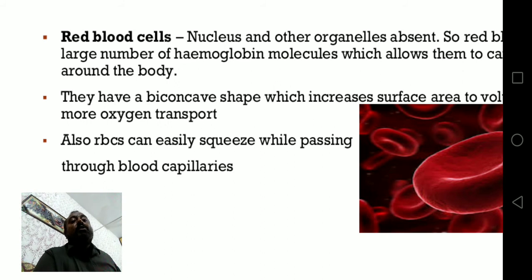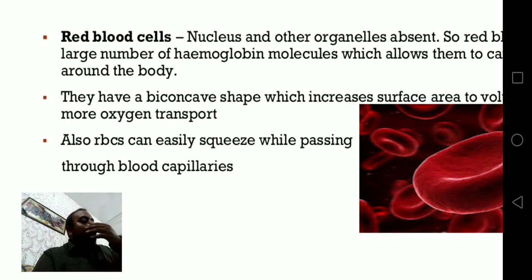And the second thing is that due to the same diameter, RBCs have to squeeze while passing through blood capillaries. And that thing can easily squeeze whose center is thinner. The center of RBC is thinner because it has biconcave shape.